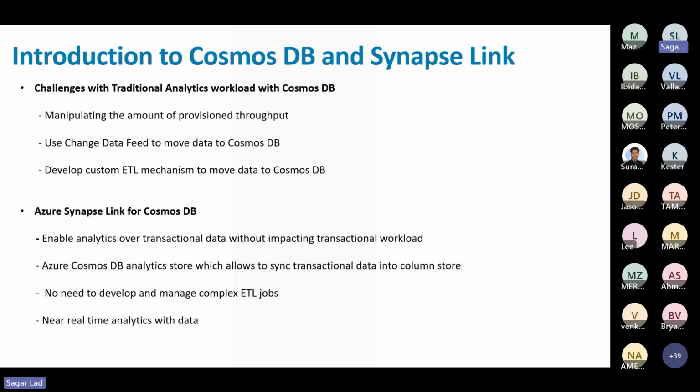As you know, Cosmos DB is an offering from Microsoft Azure, and it provides multiple APIs like Gremlin API, NoSQL API, or Cassandra API. But there are a lot of disadvantages. The first one is manipulating the amount of provisioned throughput. We have to use change data feed to move the data to Cosmos DB, and the developer has to develop a custom ETL mechanism to move the data to Cosmos DB.